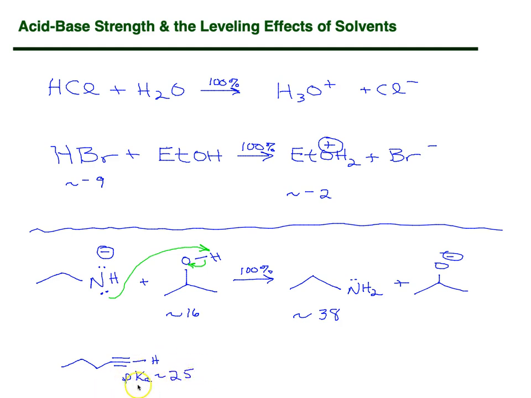And so the amide ion, the conjugate base of this amine, would certainly be strong enough to deprotonate it. But if this was in a solution of isopropyl alcohol, the isopropyl alcohol would be present in huge excess. Additionally, it would be a much stronger acid than the alkyne down here. And so this is the one that would become completely deprotonated, and none of this would react at all.